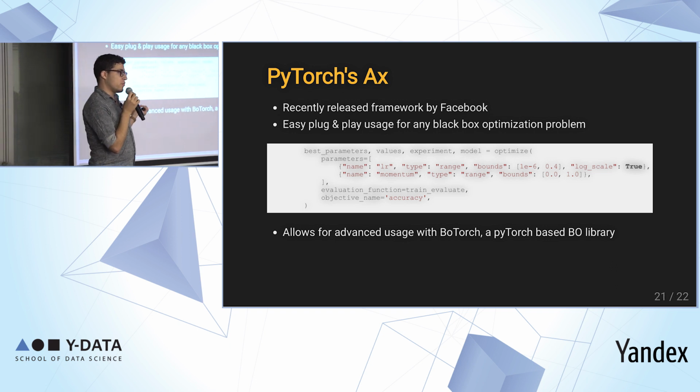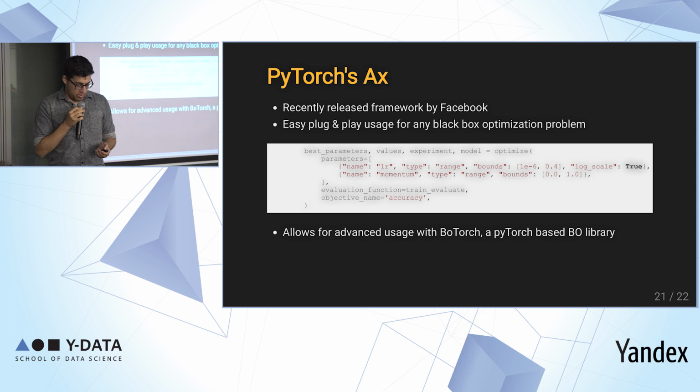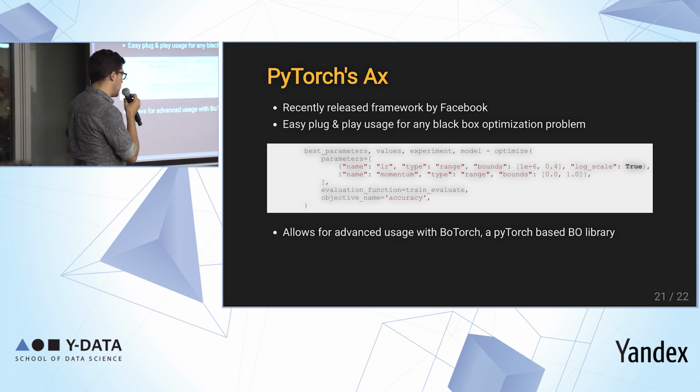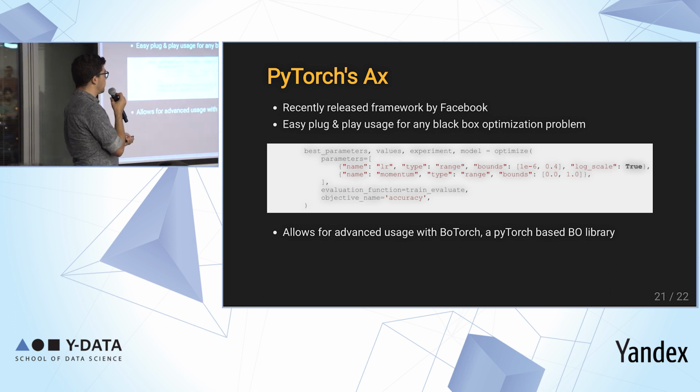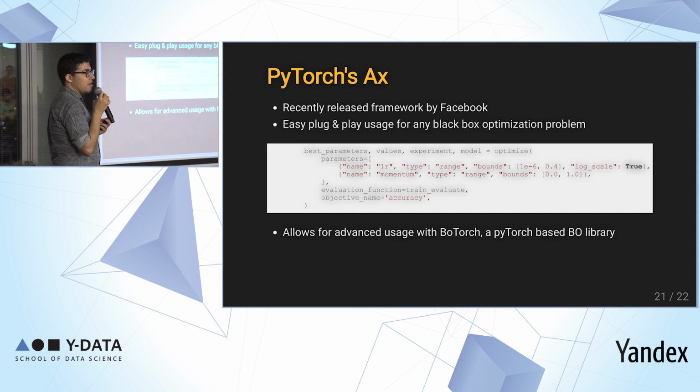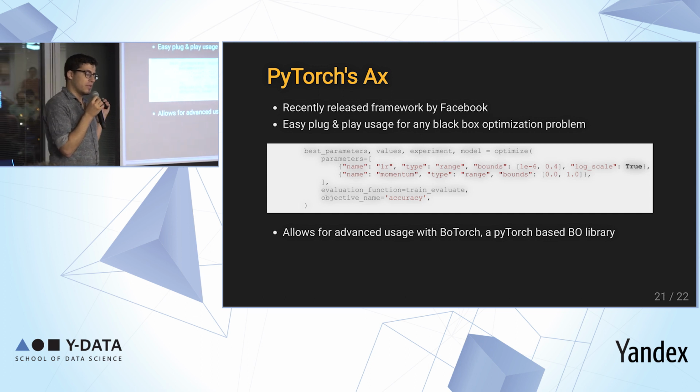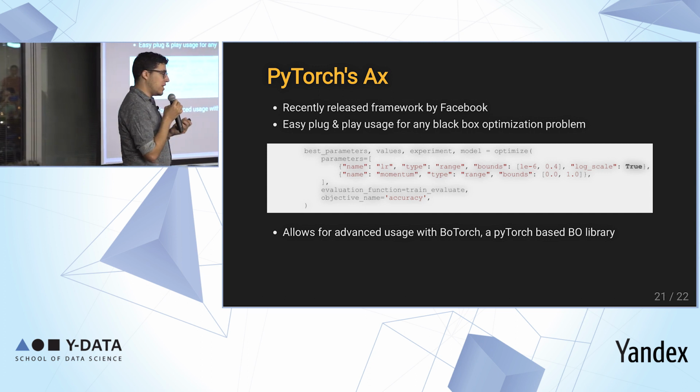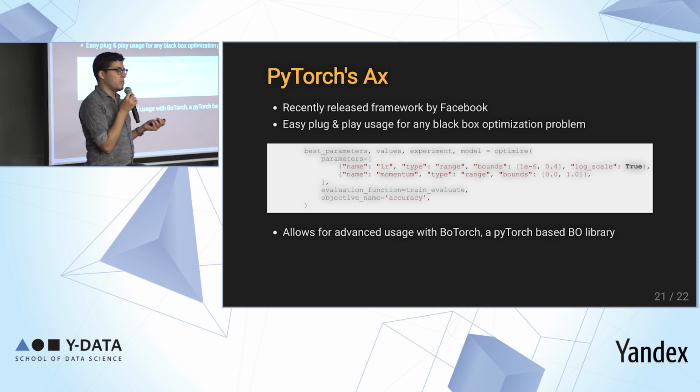It's really a great no-brainer tool, and it has some defaults. You don't see any mention over here of acquisition functions. There's no question of how to do hyperparameter optimization for the Gaussian process itself. There's a lot of things hiding underneath the hood, and Ax is really a very thin wrapper around what's called BoTorch, which is a PyTorch-based BO framework.